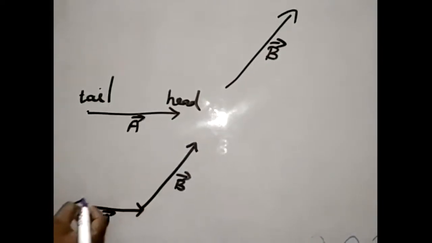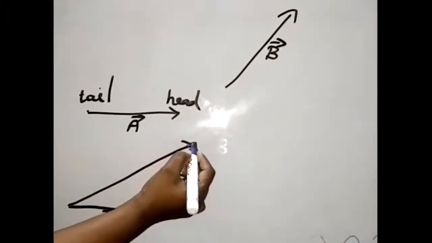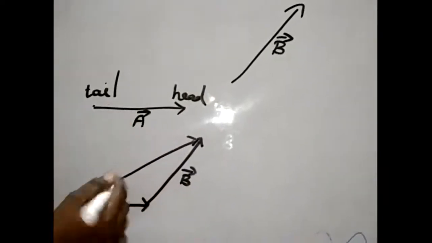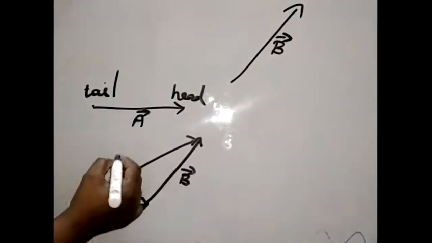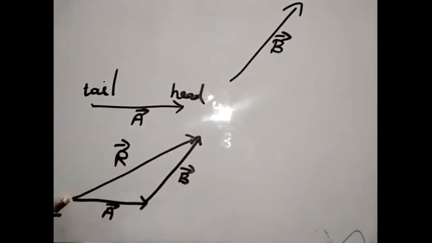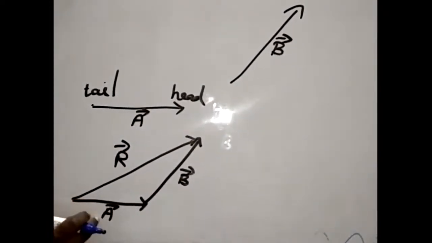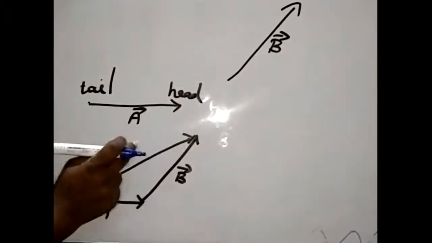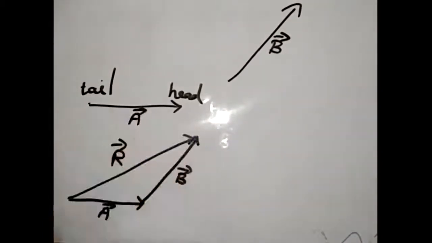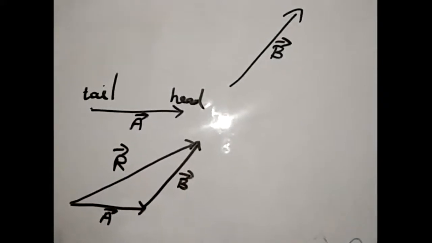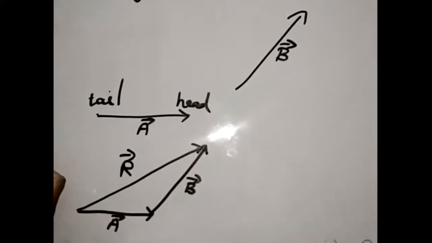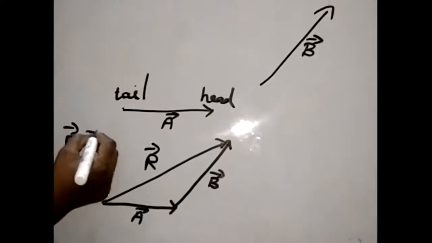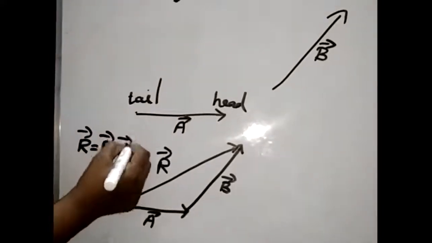Now the resultant will be the opposite side of the triangle and it will be taken in reverse order. Reverse order means tail of R vector and tail of A vector will be joined. Likewise, head of R vector and head of B vector are also joined. R vector equals A vector plus B vector.